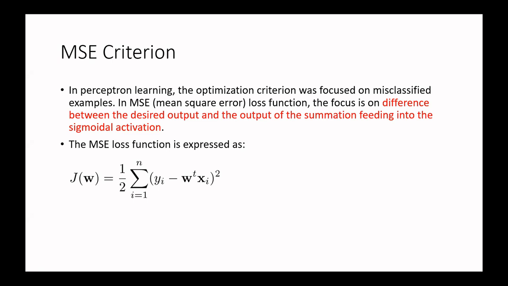So what we want to do is find a weight vector W that minimizes this criterion function. One way to do that is to take the partial derivative of our criterion function with respect to the weight vector, and then apply gradient search using that partial derivative to get the solution.